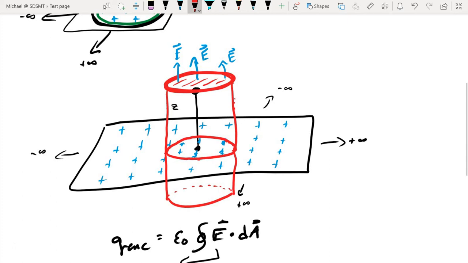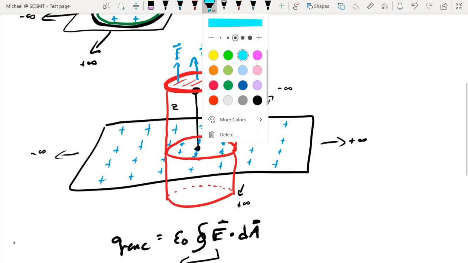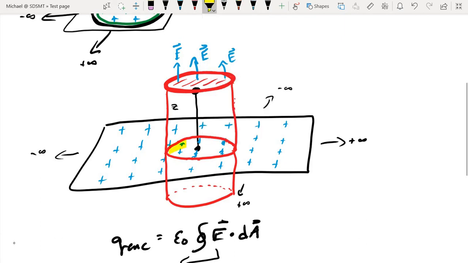My container is in the shape of this cylinder, and the cylinder is enclosing charge right along this plane of intersection. So this cylinder drops through basically like a cookie cutter, and it samples that disk of charge that was on the infinite sheet.